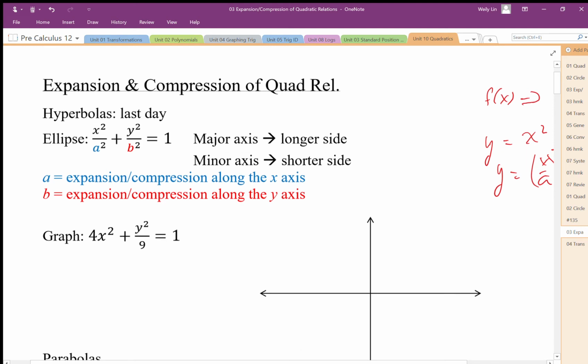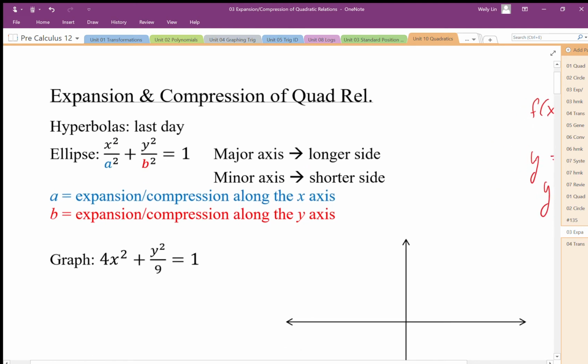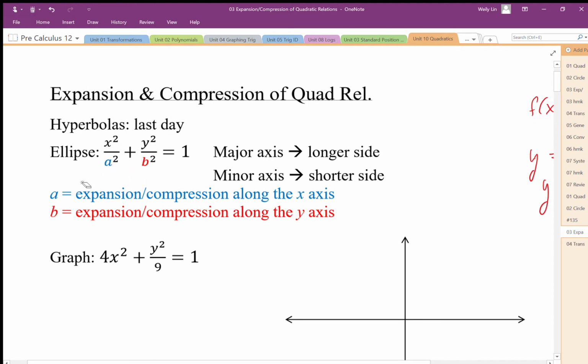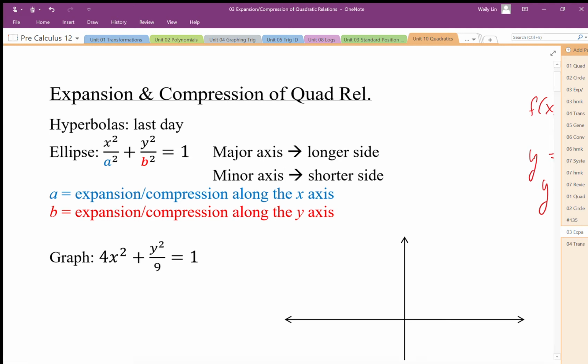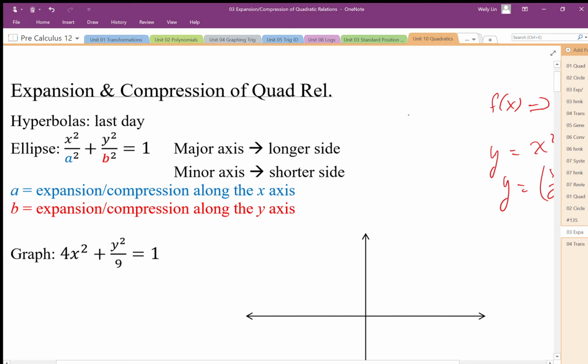So we wanted to have some terminology here. So we're going to talk about the a and b are to do with x and y. However, there is a major and minor axes. And it's fairly straightforward. The major axis just means it's the longer axis. So if I have an ellipse in that way, the longer axis is along the horizontal, or x.